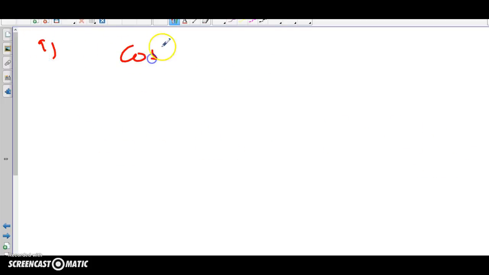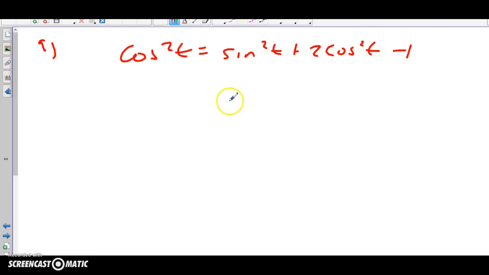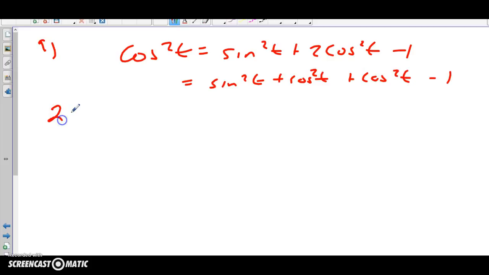9 is cos squared t is equal to sine squared t plus 2 cos squared t minus 1. So I look at all this, and I can break this down. 2 cos squared t is the same as saying 2x, and that's x plus x.